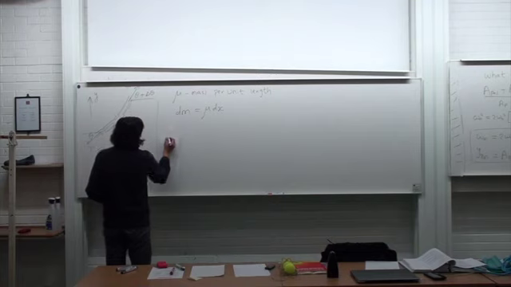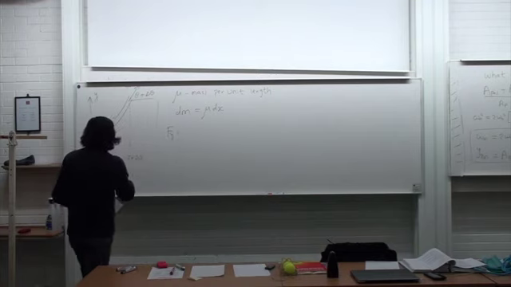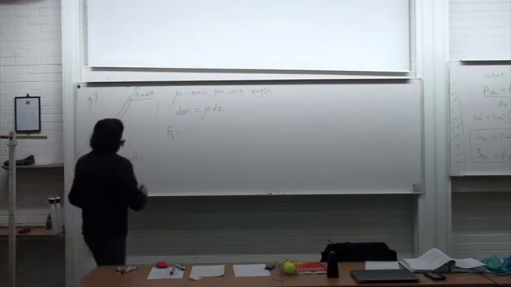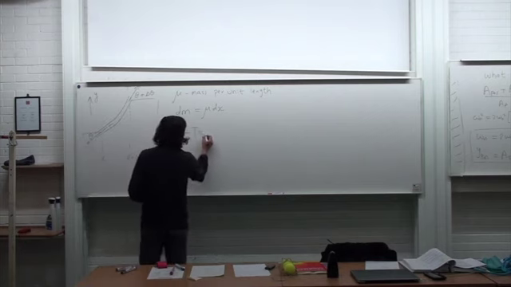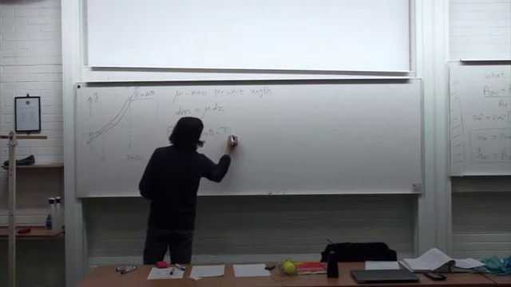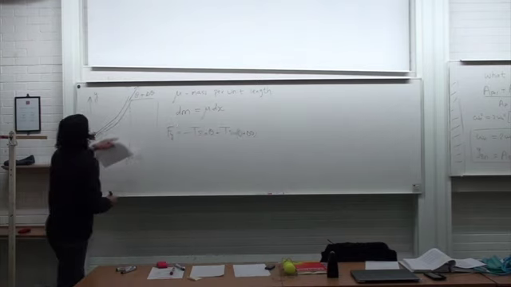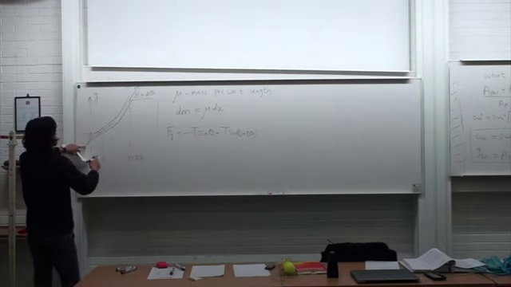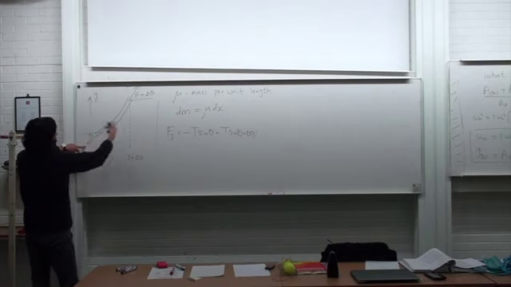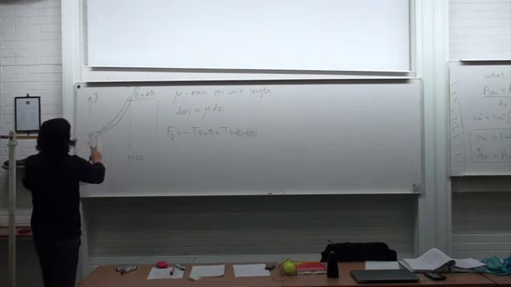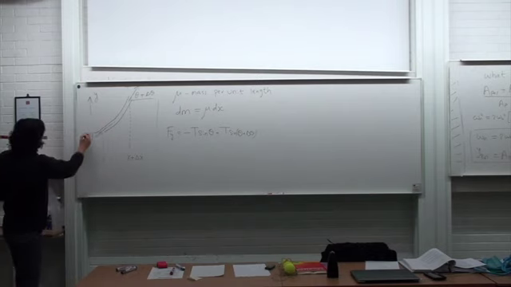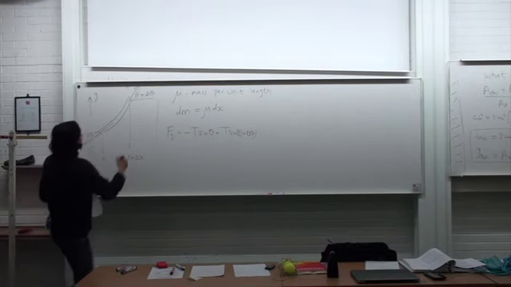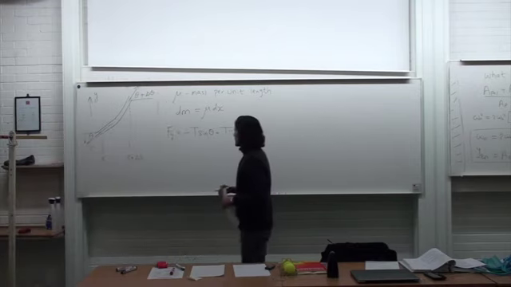So the force is in the y direction, and that is minus T sine theta plus T sine theta plus delta theta. Yeah? From this side we have T times sine theta in this direction, right? And here we have it in the upwards direction.